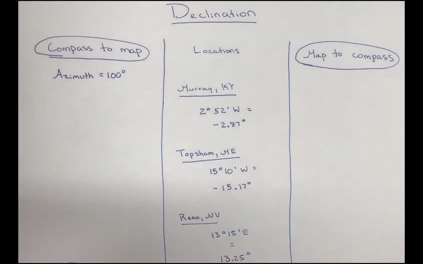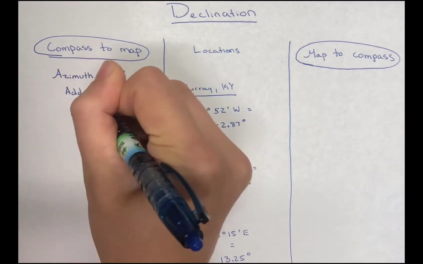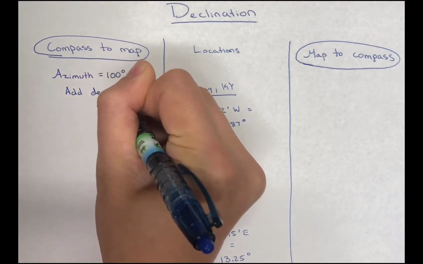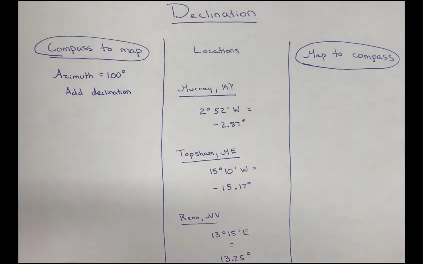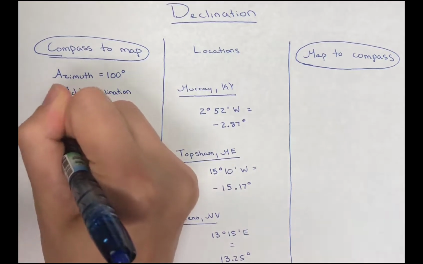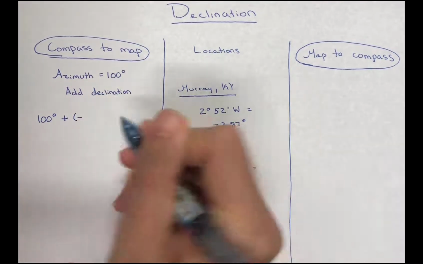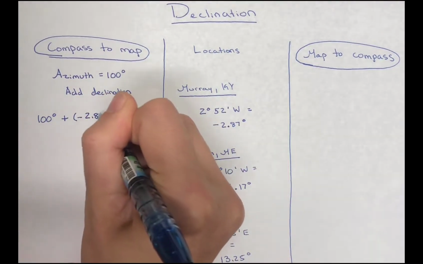First we're going to start with going from the compass to the map. We've used our compass in the field to get a field measurement, a field azimuth, and we have that at 100 degrees. When you're going from a compass to a map, you want to add the declination. For Murray, Kentucky, for instance, it would be 100 degrees plus negative 2.87.